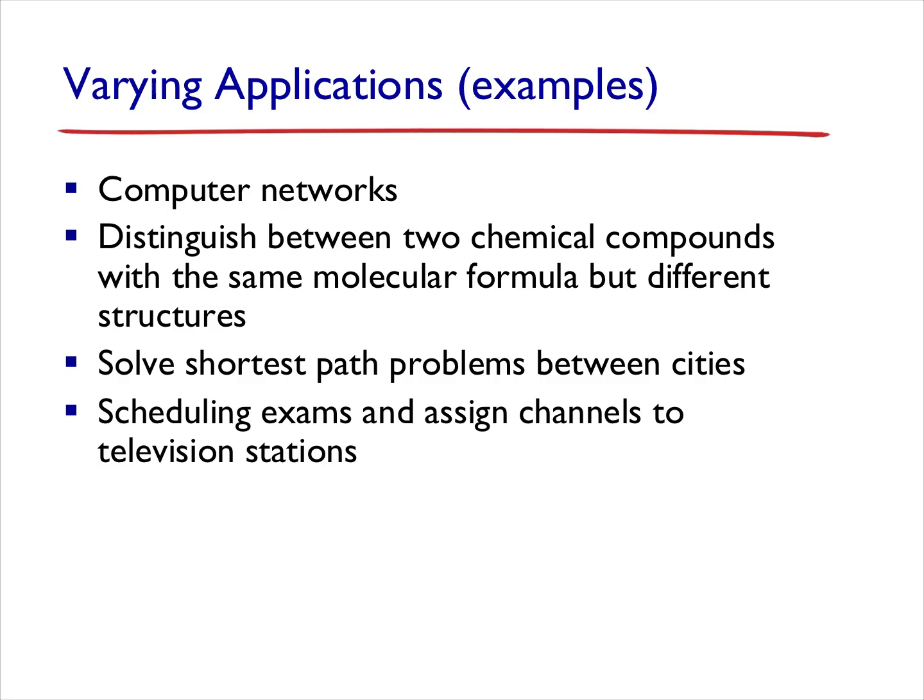Again, you can think of it as nodes and lines connecting them. This can apply to networks in general or computer networks in particular, which is what we are looking for here. But also, there are things like chemical compounds. If you think about how chemical compounds are generally represented, you have those elements, right?